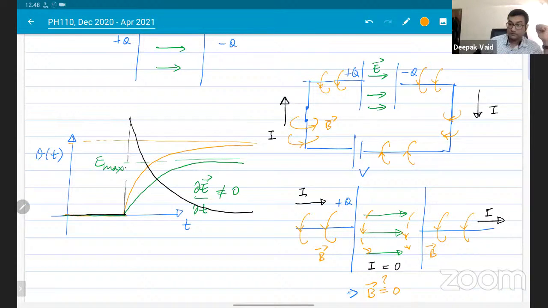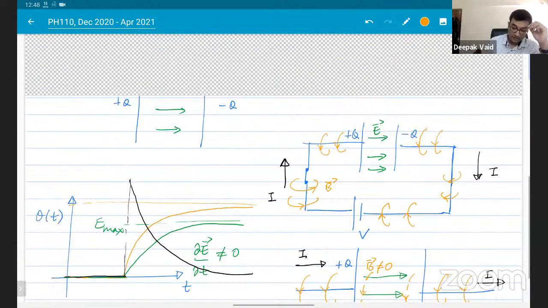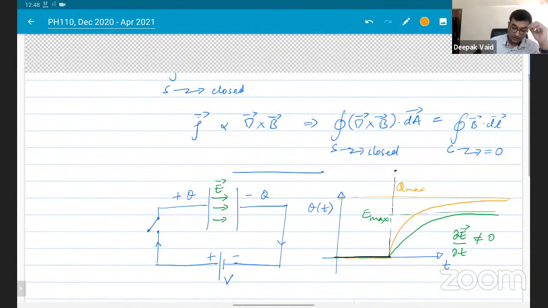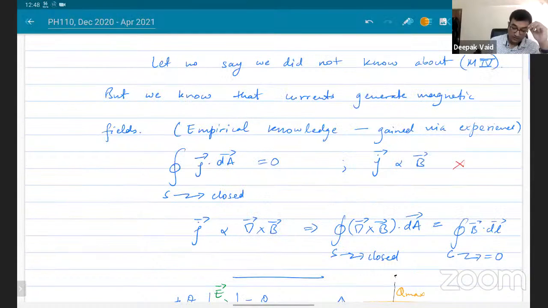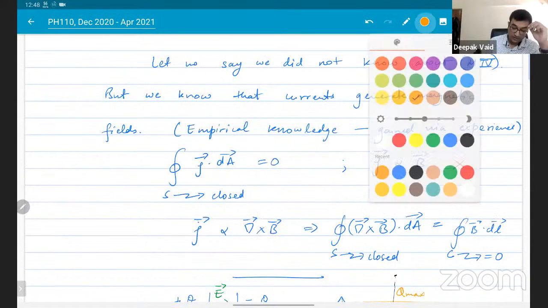But there is no current here. There is no physical flow of charge. So how can I write down the curl of B?